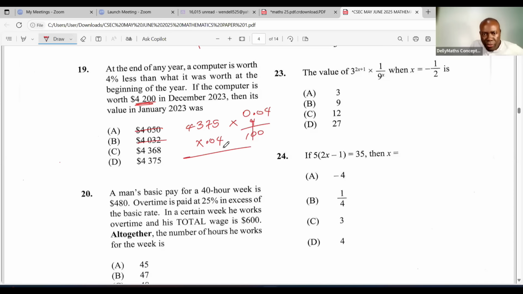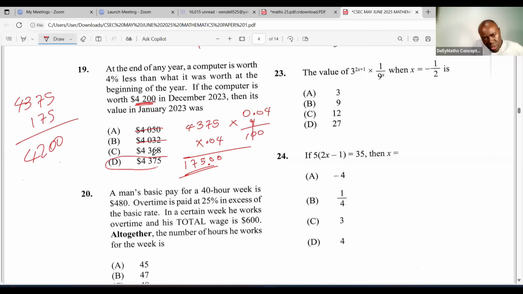Okay, so 175. Now 4375 minus 175 is 4,200. That means this was the money that was there. Very good. So for number 19, the answer is D.